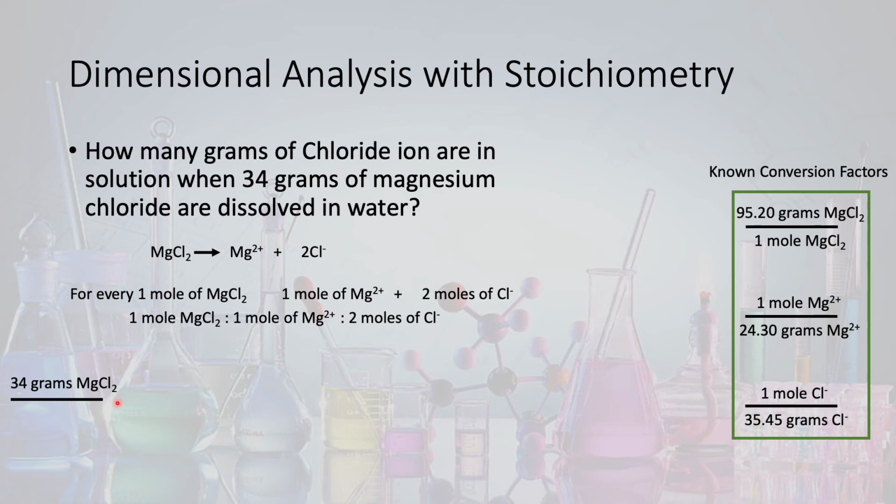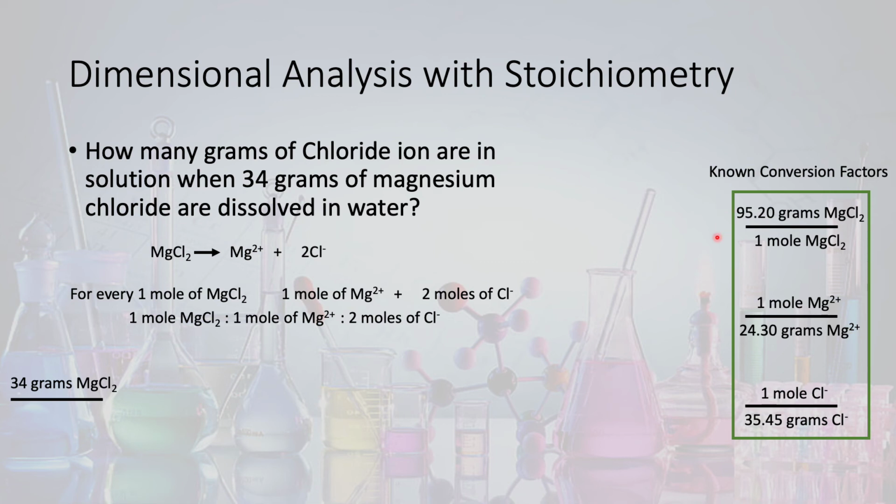We know that we have to convert grams magnesium chloride to moles magnesium chloride because ultimately the stoichiometric ratio comparisons used here are in moles. So this relates 1 mole magnesium chloride to 2 moles chloride ions. So let's begin by converting grams magnesium chloride to moles magnesium chloride.